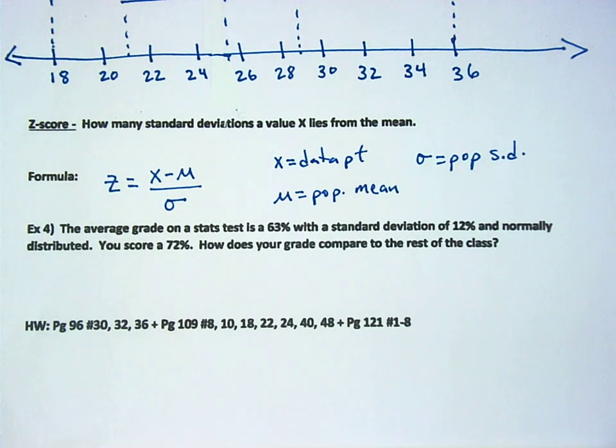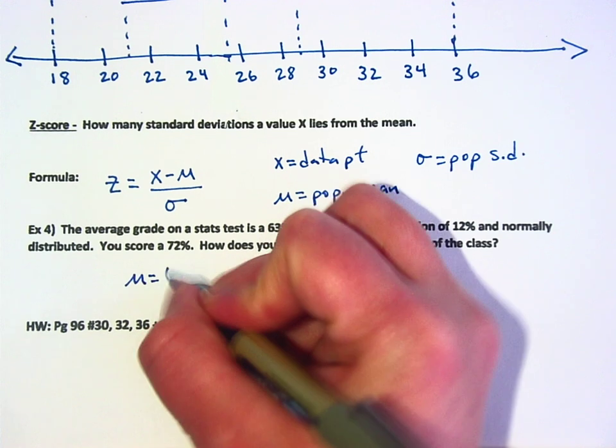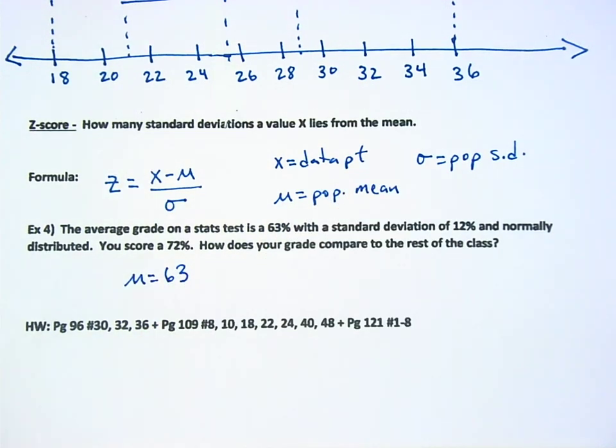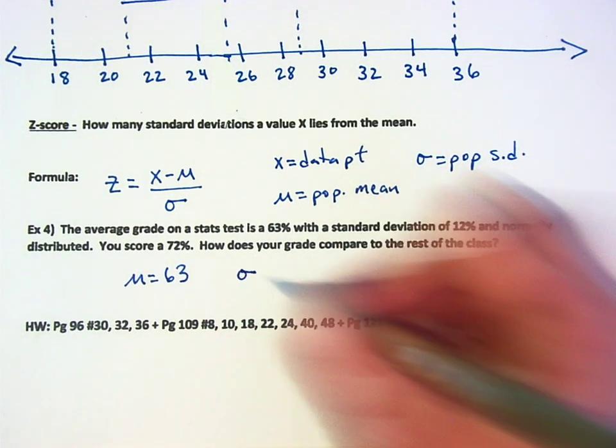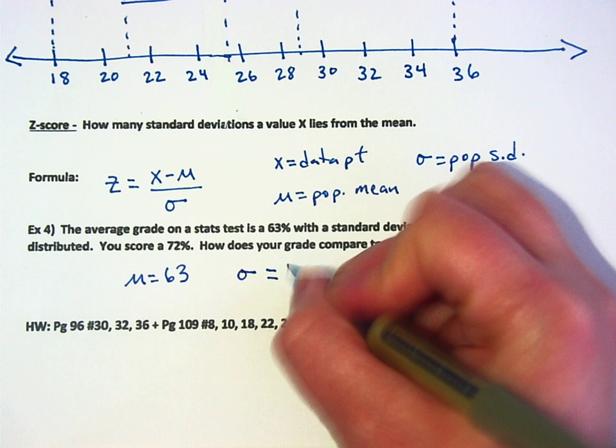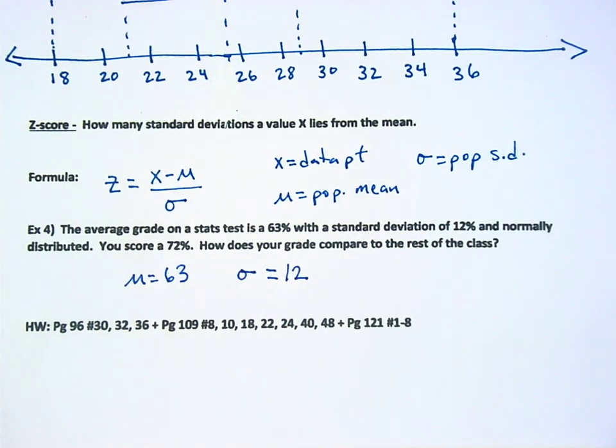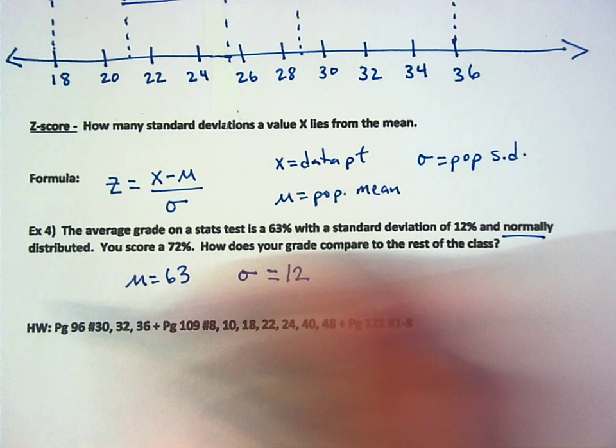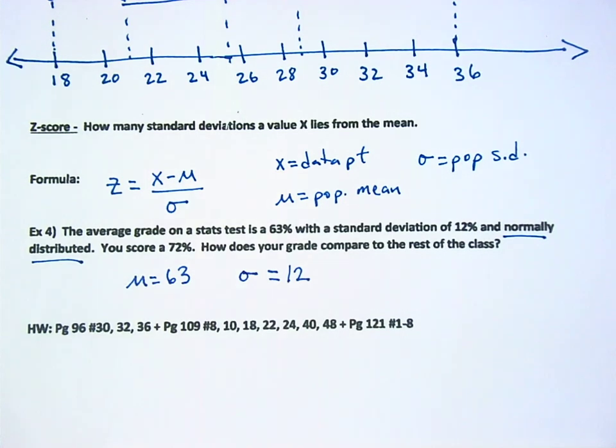All right, so let's say that the average grade on a stats test is 63%. So I'm going to write mu equals 63. Again, remember that's not an M, that's a Greek letter U with a tail off front called mu. And the standard deviation, this is sigma, not O tail, is 12. It is normally distributed. That's what it has to be to do a z-score.